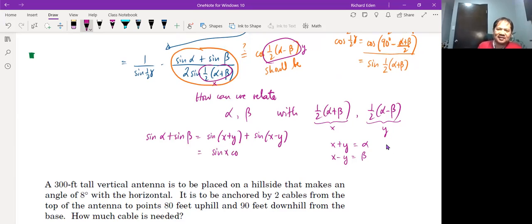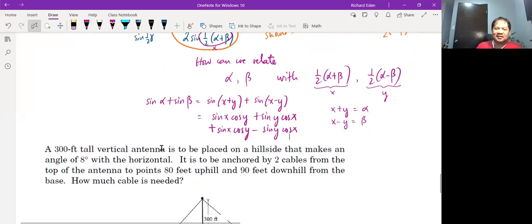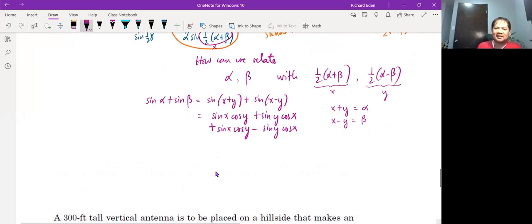Sine x cosine y plus sine y cosine x, plus, sine x cosine y minus sine y cosine x. So what's the result? There will be some cancel. So 2 sine x cosine y.